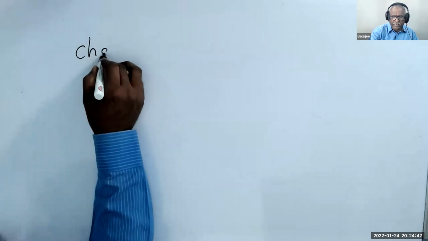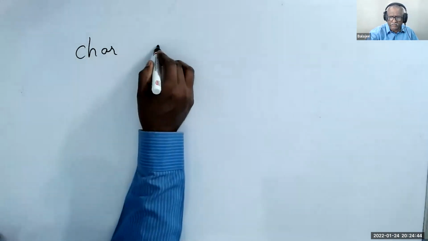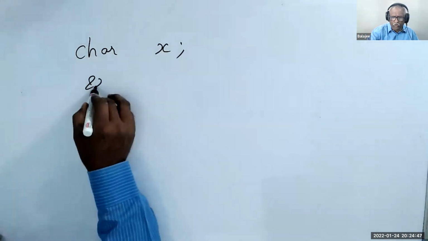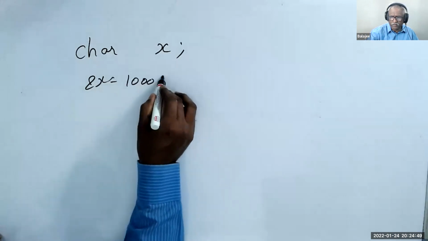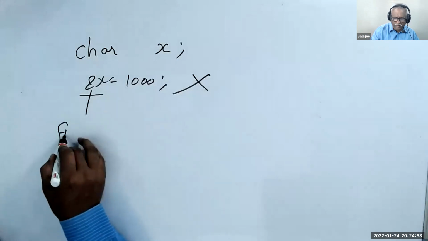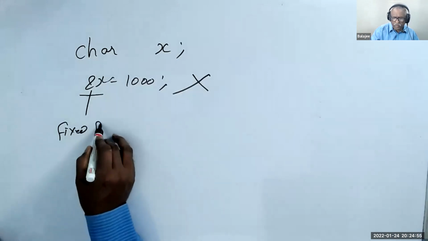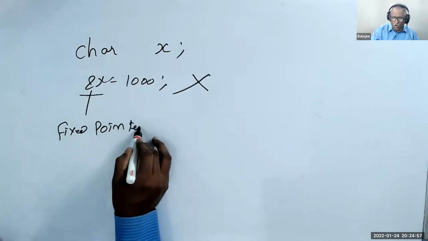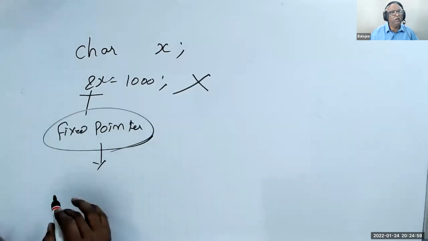So, what is the advantage? If we put char x and x is equal to 1000, this is wrong. The compiler will not allocate because this is a fixed pointer. Who fixes it? The compiler.